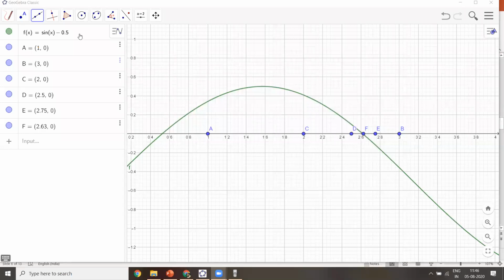This is our aim. That means graphically I would like to identify a point which is intersecting here. Okay, this function is intersecting the x axis. I would like to find out that point. That point is nothing but your root.